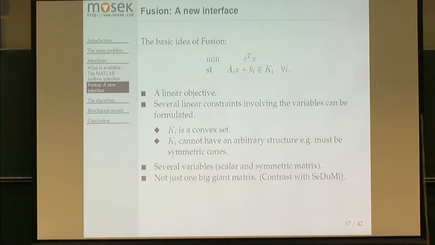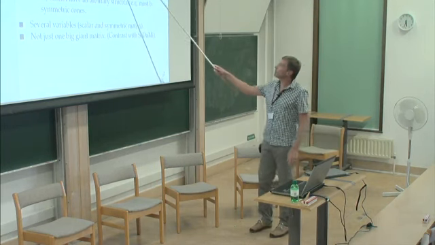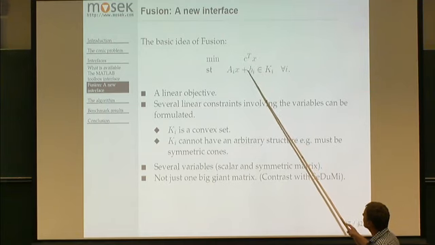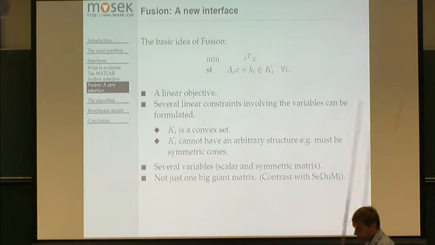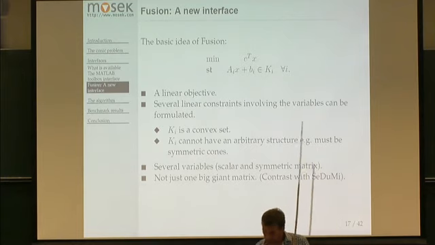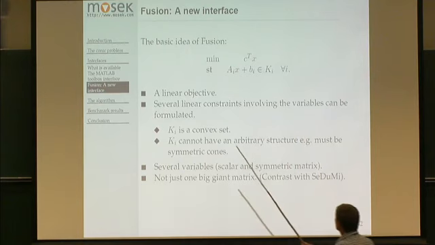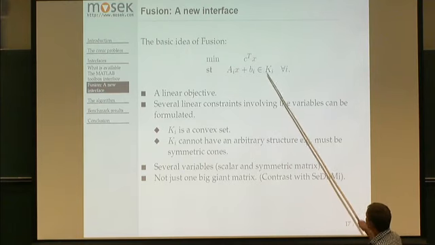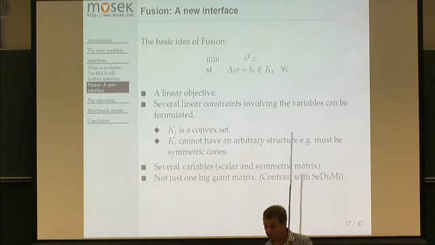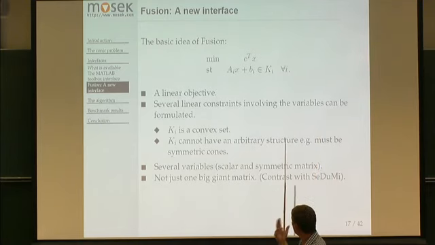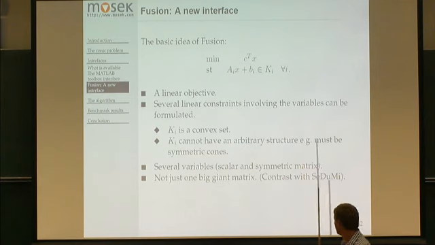So all you do in Fusion is define these linear expressions, and then tell it in which cone it has to lie. And you will see later that it's possible to have several variables, so not just one x variable. So you don't have to serialize things and make one big giant matrix as you have to do in SeDuMi.